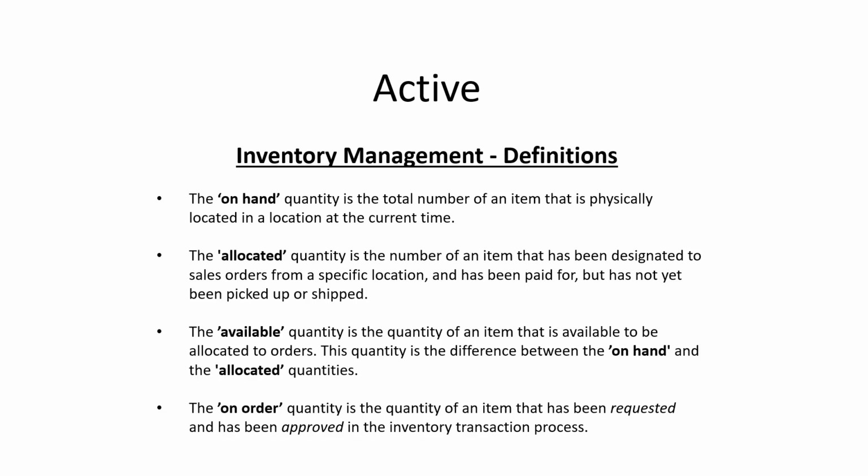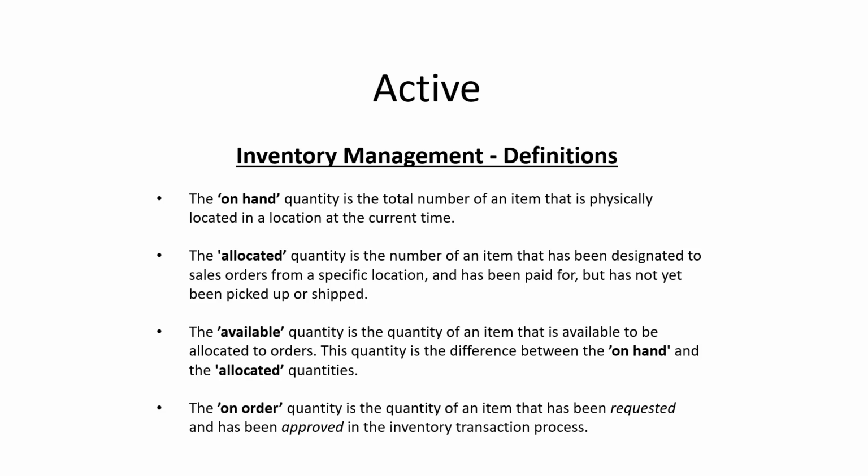Now we're going to be using four terms that I wish to define. First is on hand. The on-hand quantity is the number of an item that is physically located in a location at the current time. The allocated quantity is the number of an item that has been designated to sales orders from a specific location and has been paid for, but has not yet been picked up or shipped.